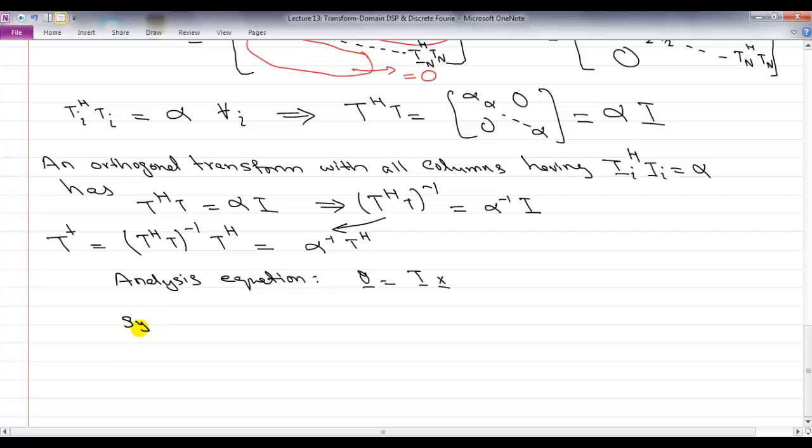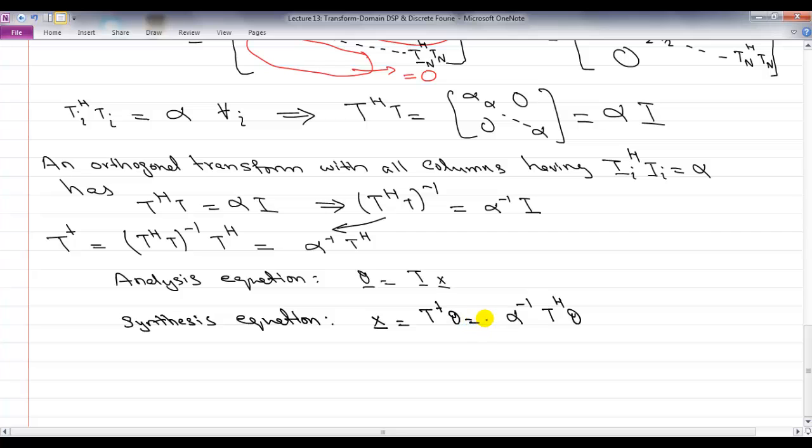It simplifies a lot. We have X equal to T pseudo-inverse theta, but that is simply equal to alpha inverse T Hermitian theta.